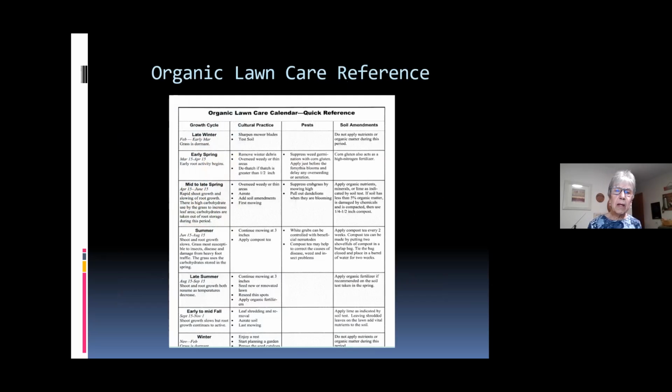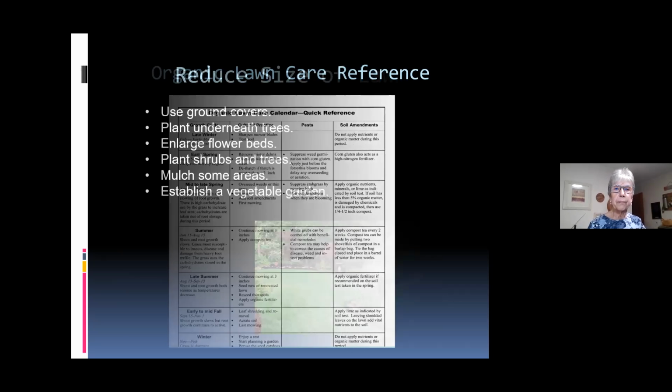The only additives they're suggesting would be things like beneficial nematodes, some compost tea, some organic fertilizer, and maybe some corn gluten to deal with crabgrass. Those are basically the only products you should be putting down on your lawn if you're going to have an organic lawn. Not only is this a calendar, but there are 2 pages of attached details. That will be in the handout that you receive, with how you can download this.